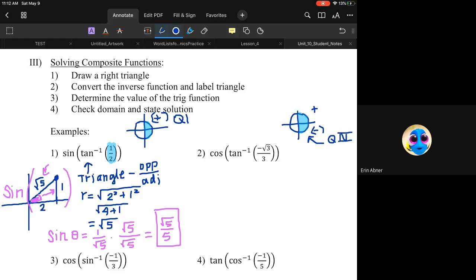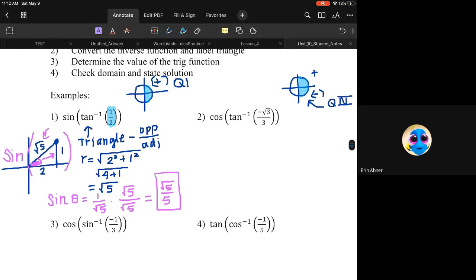If I'm going to be here in Q4, then that means my triangle needs to drop into Q4. So when I'm drawing my triangle this time, here I have my axes. My triangle is dropping down.